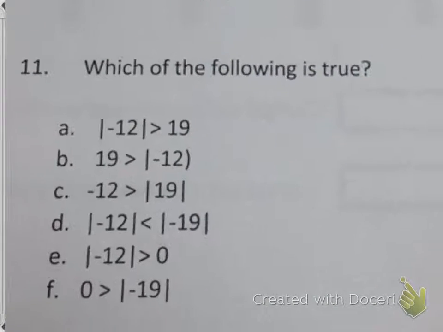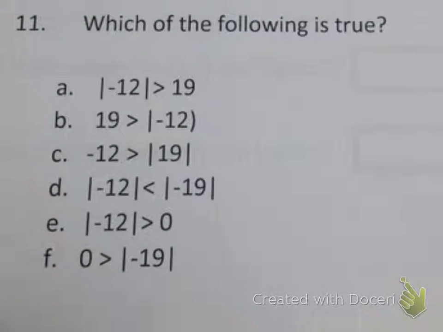So for this first one, we're simply going to see whether they're true. This deals with absolute value. This right here should just be an absolute value sign. And what I tell the students to do is not guess, but actually write it out. This means, once again, negative 12 is 12 places from 0, and is 12 greater than 19.